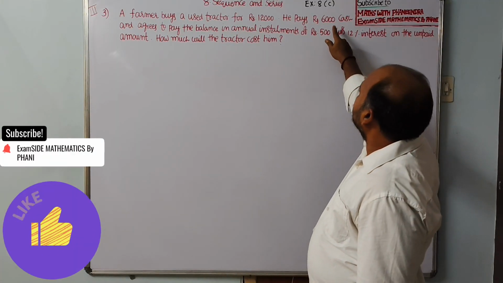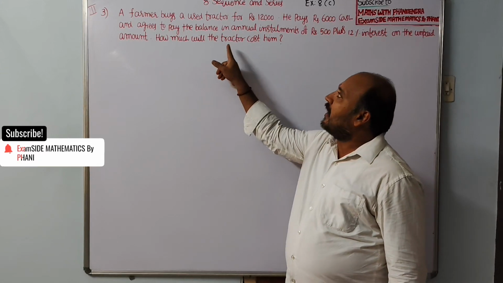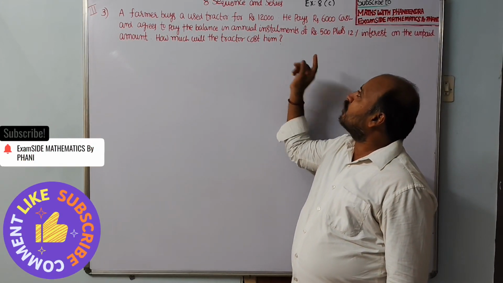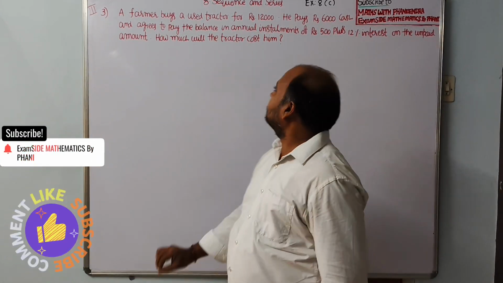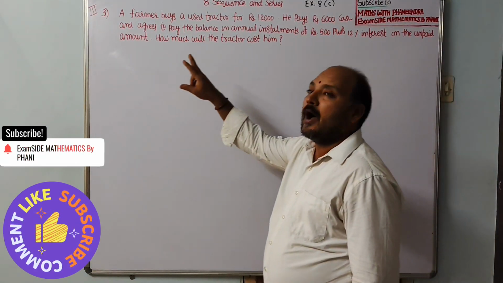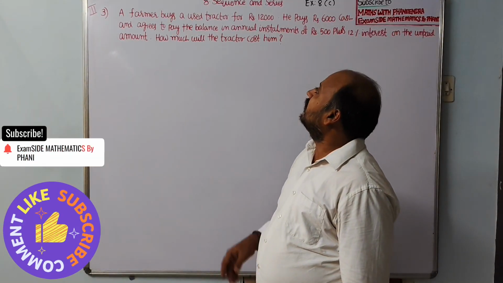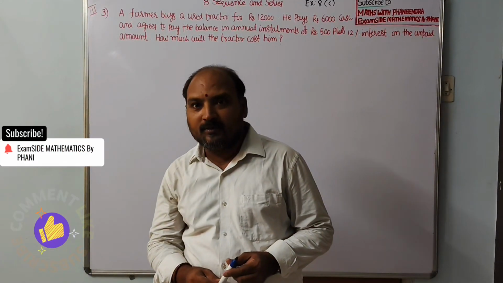He pays 6,000 cash and agrees to pay the balance in annual installments of 500 rupees plus 12% interest on the unpaid amount. How much will the tractor cost him?